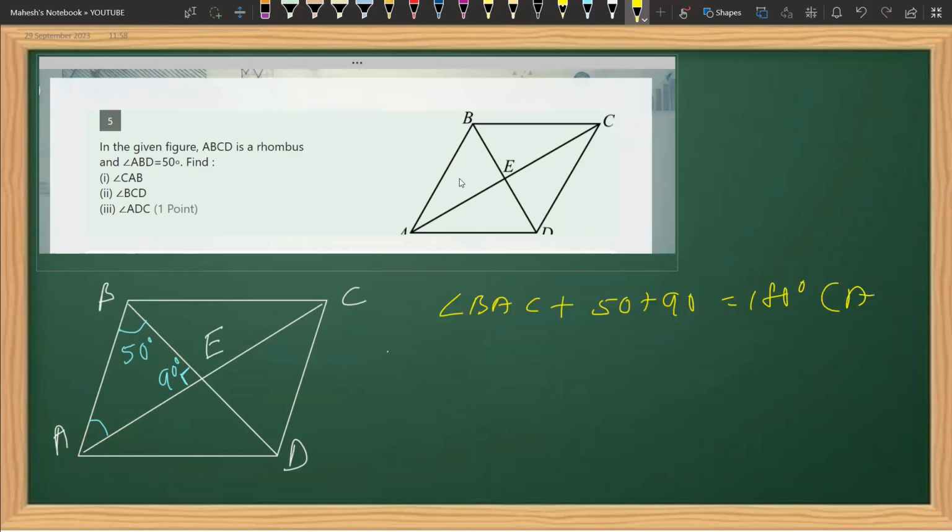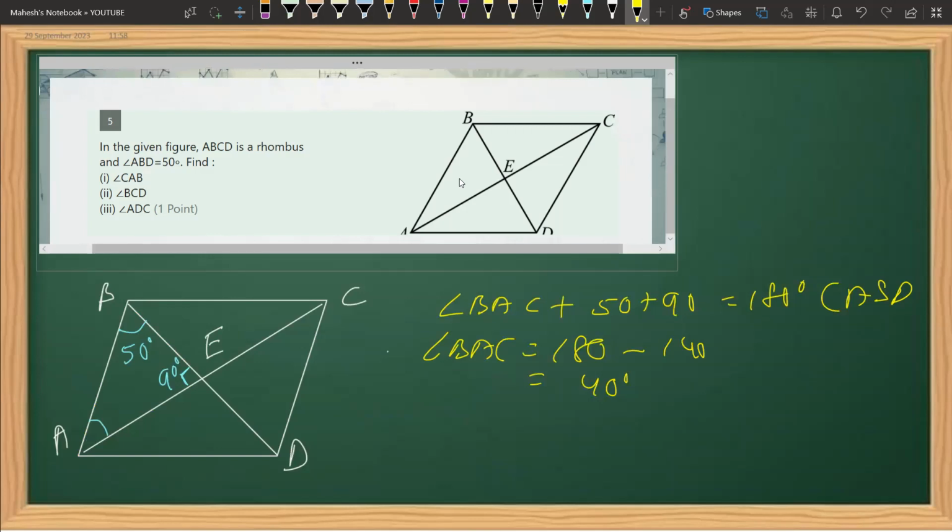That's the angle sum property. So angle BAC will be 180 minus the sum of these two, that is 140. So we got this angle as 180 minus 140, that is 40 degrees.